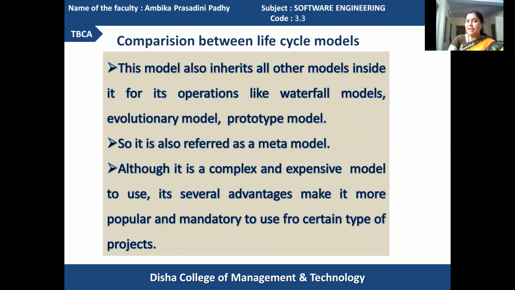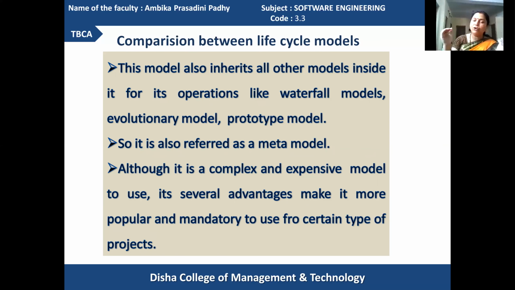As it inherits the other life cycle models, it can use the waterfall model, in which the procedural benefits are taken. Where concurrent executions are required, the waterfall model will be beneficial. Where a larger problem is developed by decomposing the whole system into small parts, the evolutionary model can be beneficial.